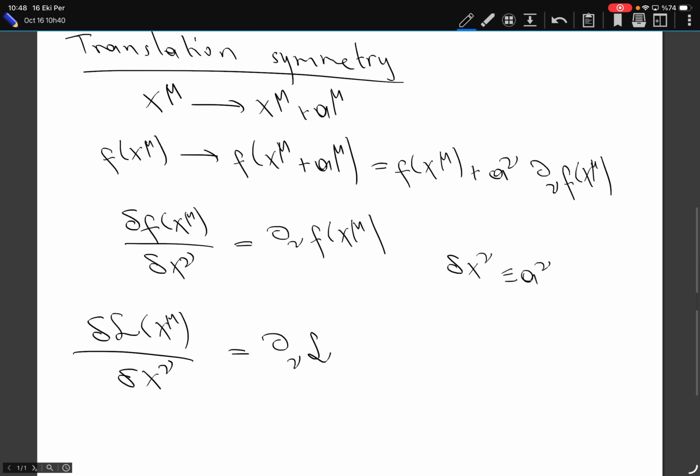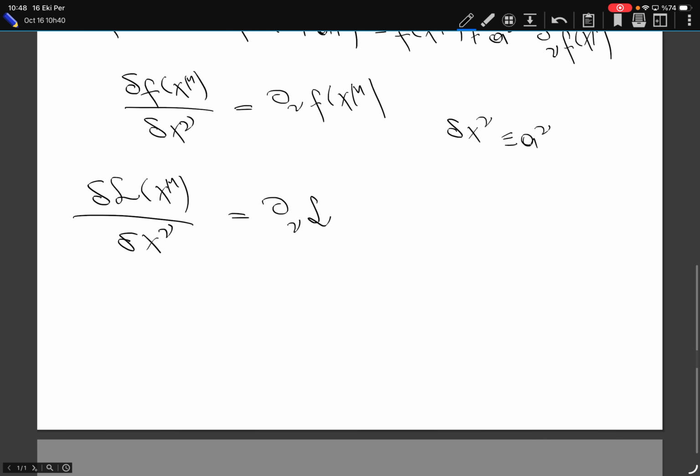Well, in this case, that is actually the case. But if you look at the left-hand side, the dependence of the Lagrangian on x nu are through the fields. So I can write that as derivative of the Lagrangian with respect to phi times the variation of phi.